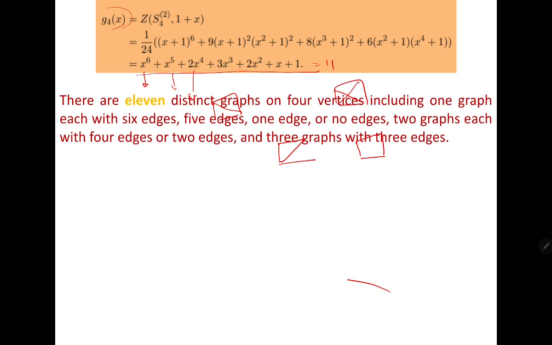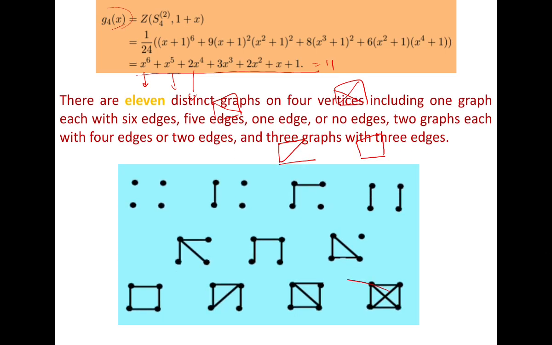Then there are two graphs with 4 edges, and so on, and in total if you count them it comes out to be 11. So using Polya's formula we get that there are 11 graphs, and in those 11 graphs we know how many graphs there are with how many edges. Okay, so a very interesting application of Polya's formula.